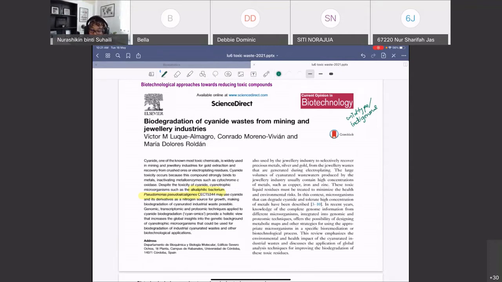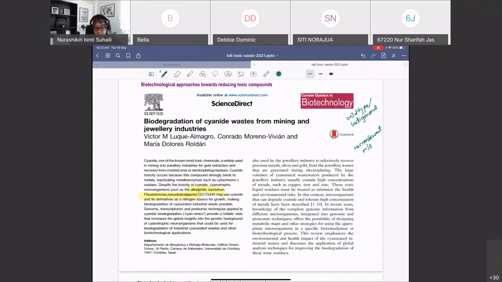But some of the microbes are also recombinant. But the recombinant microbes are actually derived from the understanding about the indigenous microbes.